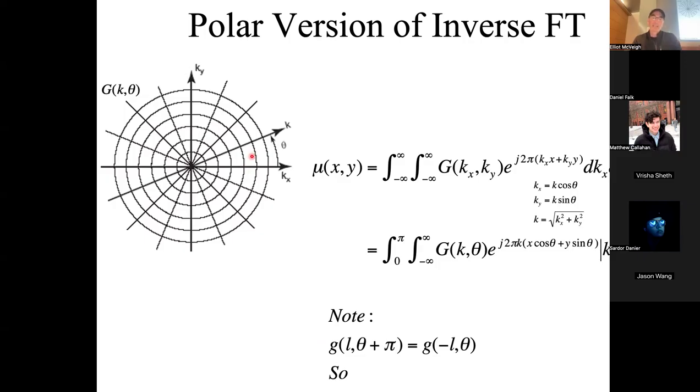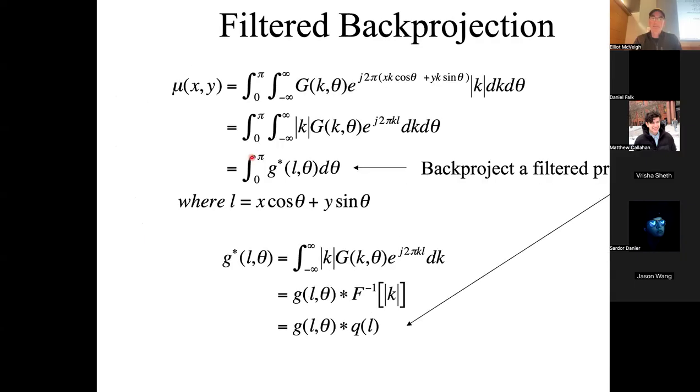So, okay. So here's our filtered back projection that we're doing using an inverse Fourier transform with the Jacobian in here. We'll bring this K term up here, right? And substitute L in for this value here.